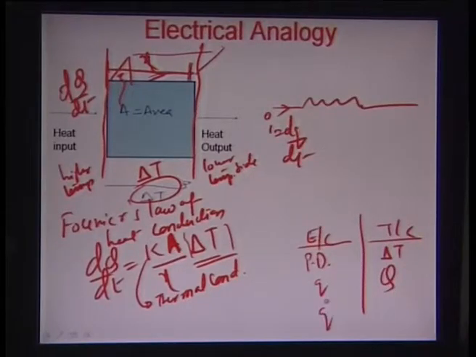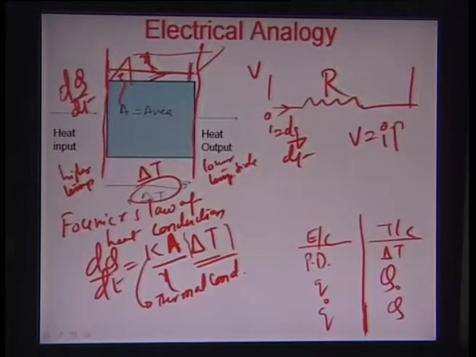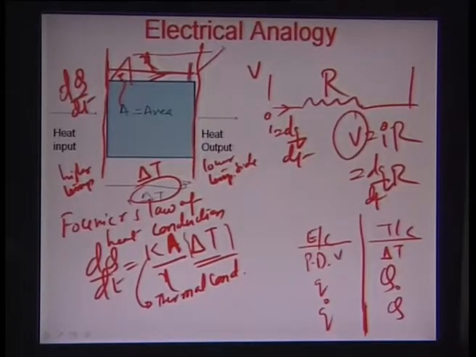So essentially Q dot in the electrical circuit is equivalent to the heat flow rate Q dot, dq by dt, in the thermal circuit. And as we know here, the potential difference V can be equated to I times R, that is dq by dt times R. Since the potential difference is also equivalent to our delta T here, therefore dq by dt, or I, is V by R.